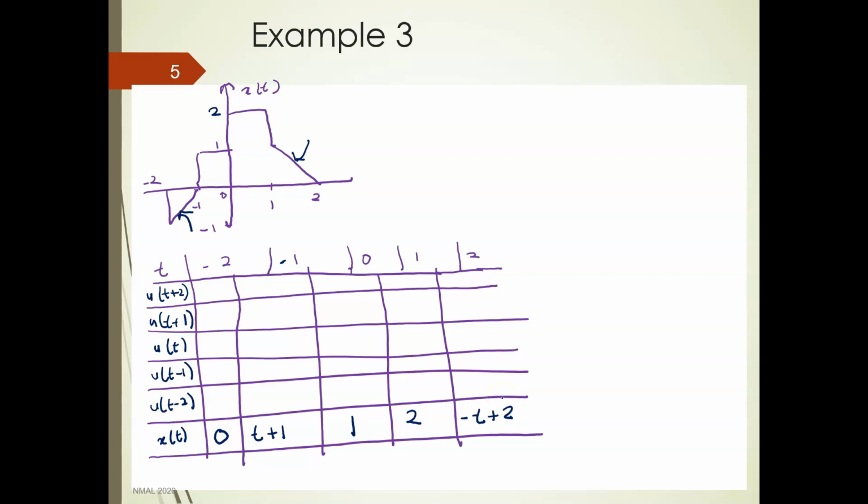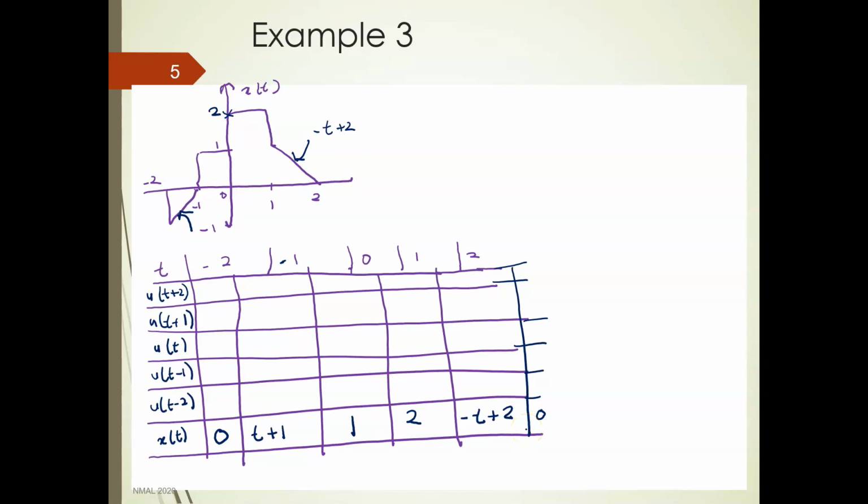And then there should be another one here, which is after 2. After 2 it is 0. So how to get this -t plus 2? This is based on the gradient, which is -t, and then it intersects at 2. So -t plus 2.